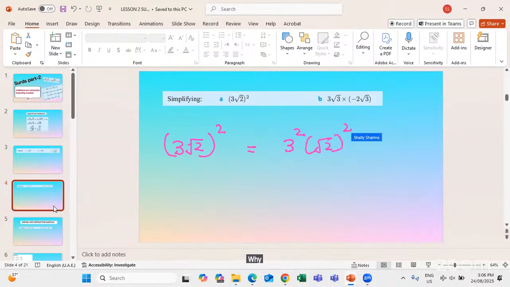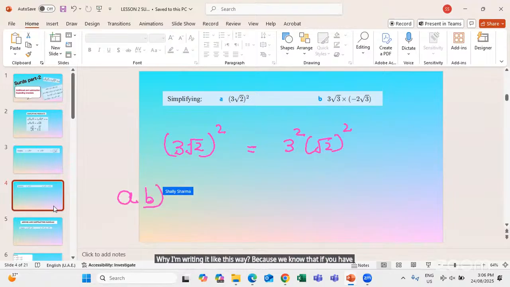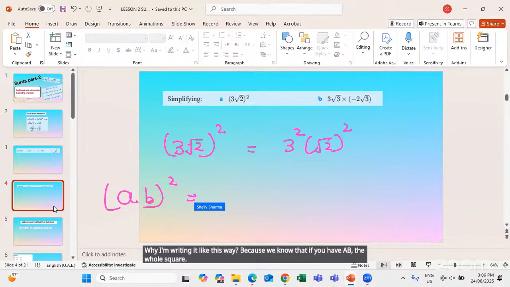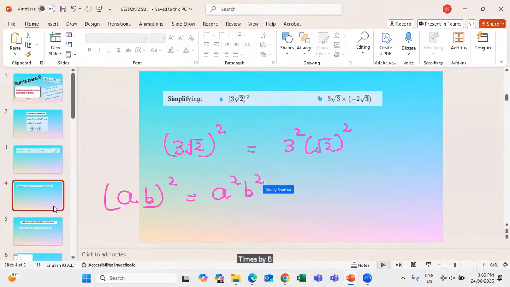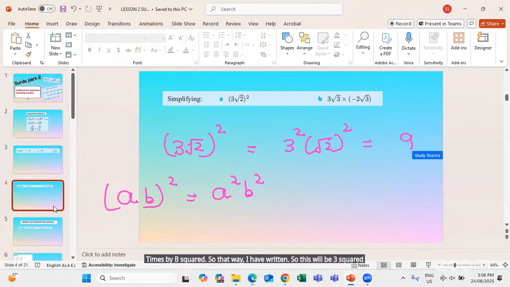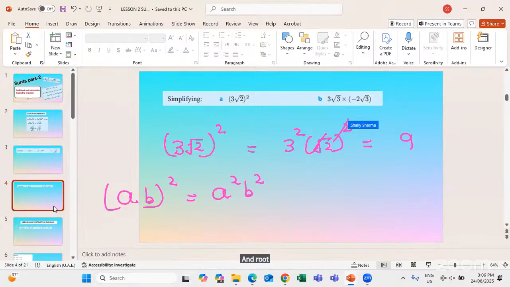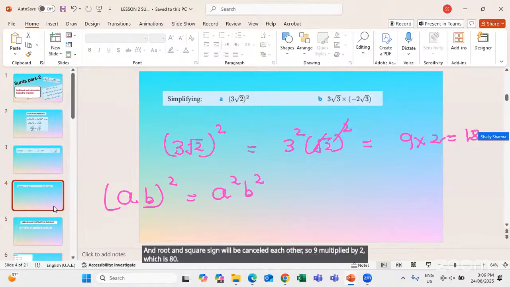Why am I writing it this way? Because we know that if you have AB the whole square, this is basically A square times B square. So this will be 3 square is 9, and root and square sign will cancel each other. So 9 multiplied by 2 which is 18.